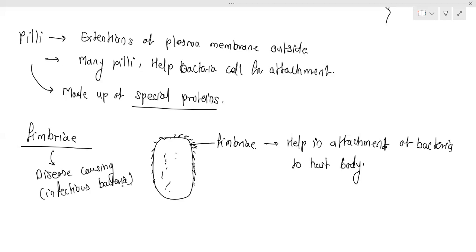So this is about the different structures we see in the prokaryotic cell. Easy? Just many new terms which you have not studied before, correct? Pili, fimbriae, flagella, then ribosomes, mesosomes. Don't get confused in this terminology.